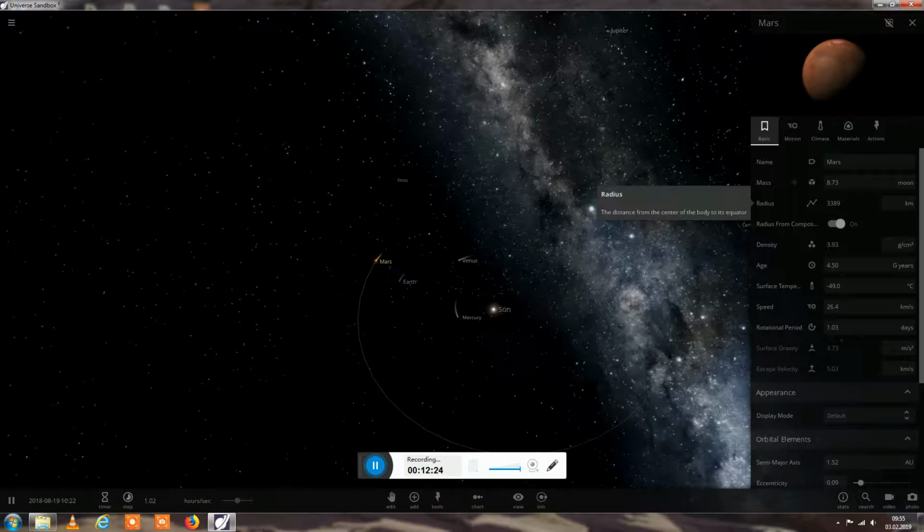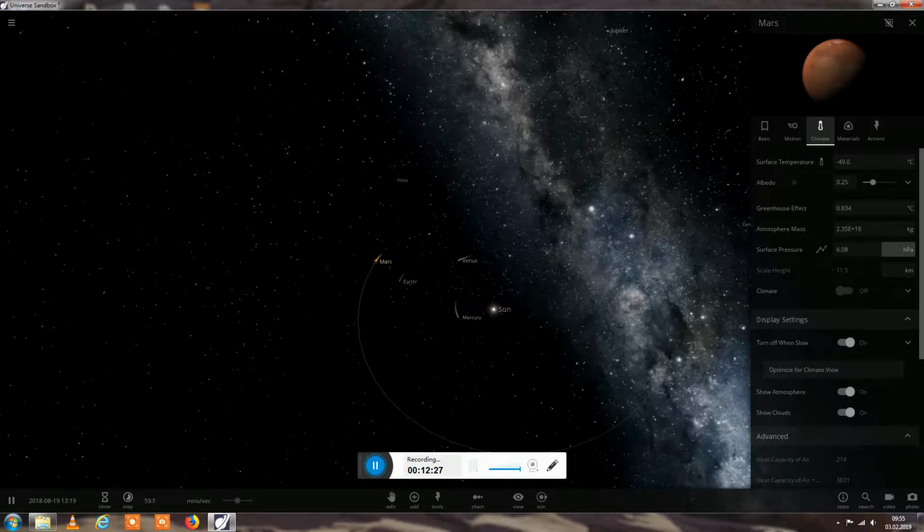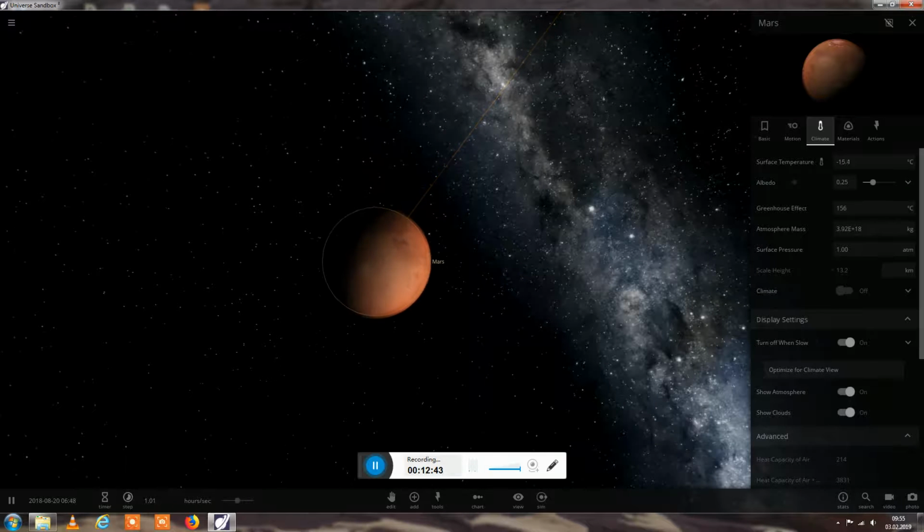of a few decades or so to Mars, which then would increase the Martian atmosphere from 0.006 atmospheres to 1 atmosphere, which then also increases its atmospheric pressure, the amount of CO2 in its atmosphere, which then also, as you can see here, the temperature is now going up quite fast.